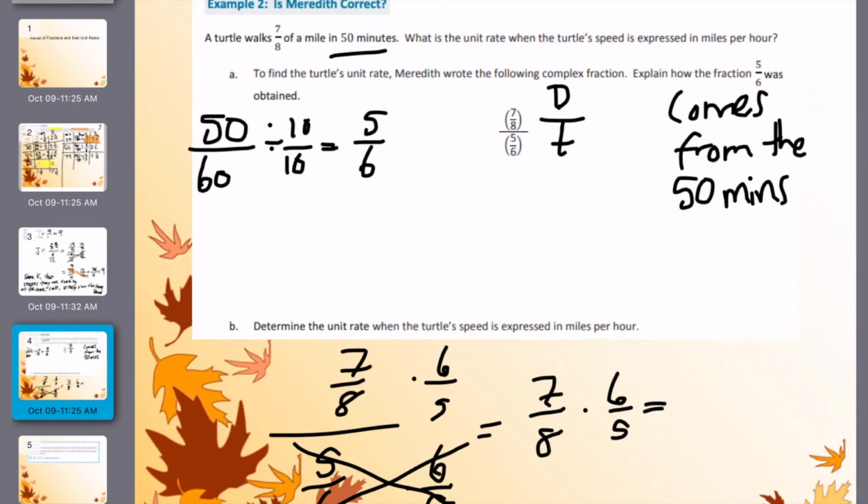So I can multiply across the top and across the bottom. 7 times 6 is 42, and 8 times 5 is 40. Since this has a common factor of 2, I'm going to divide the top and the bottom by 2 to simplify it a little bit more. And I ultimately get 21 over 20.